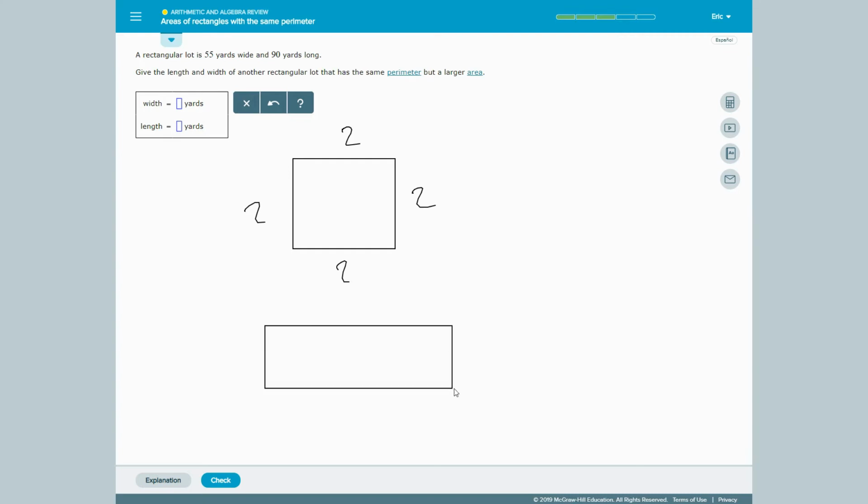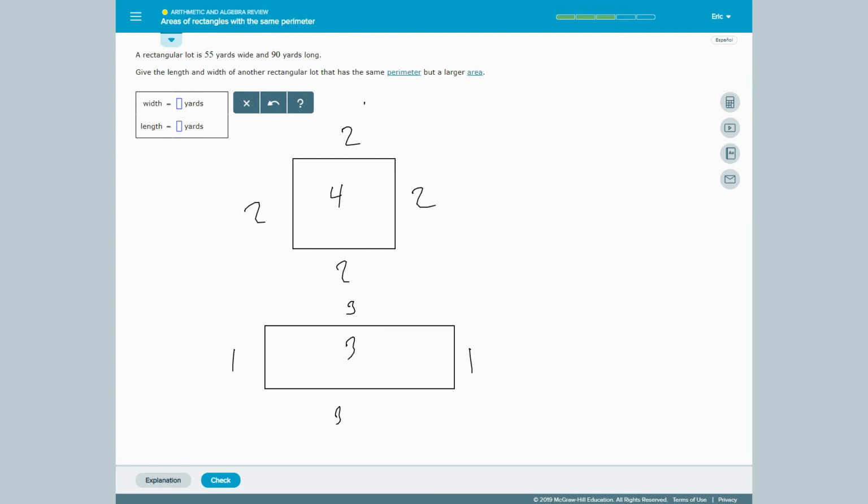A rectangle might look like this, where my lengths are 3, but my width is 1. Note something about this. The area, the inside space, is just length times width. So 2 times 2 is 4. 3 times 1 is 3. So in my poorly drawn rectangular world, this square has a larger area than my rectangle.